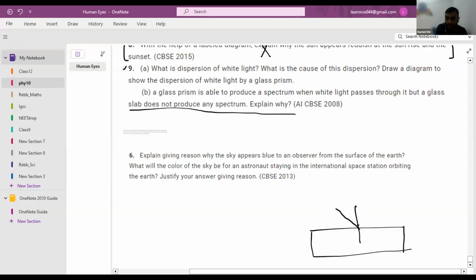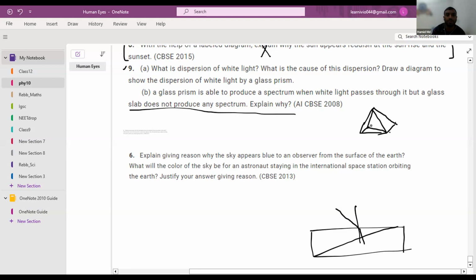You may say like that. But the structure of a prism is totally different from the glass slab. No, if we make one upwards and one downwards, the prism will change the white light to seven colors, then it will change it again to white light.